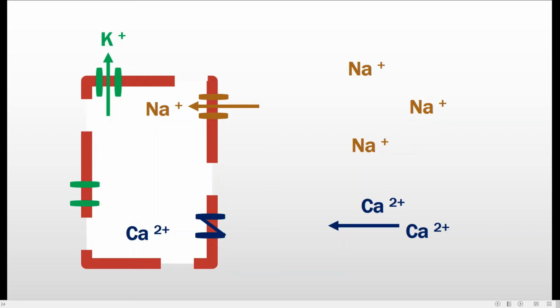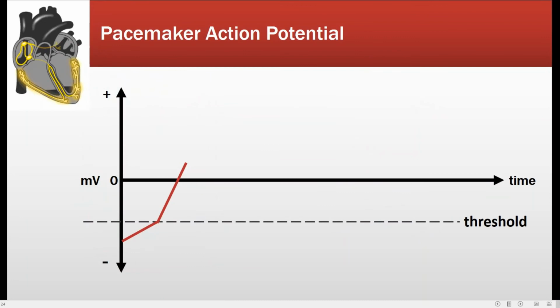Then the movement is from high concentration to low concentration. So potassium is going out. So if potassium leaks out, it will make our membrane become more negative until you reach the negative 90, and this cycle continues.